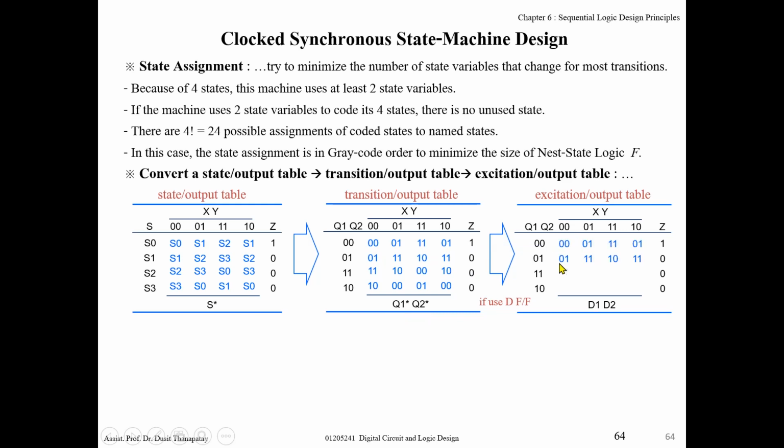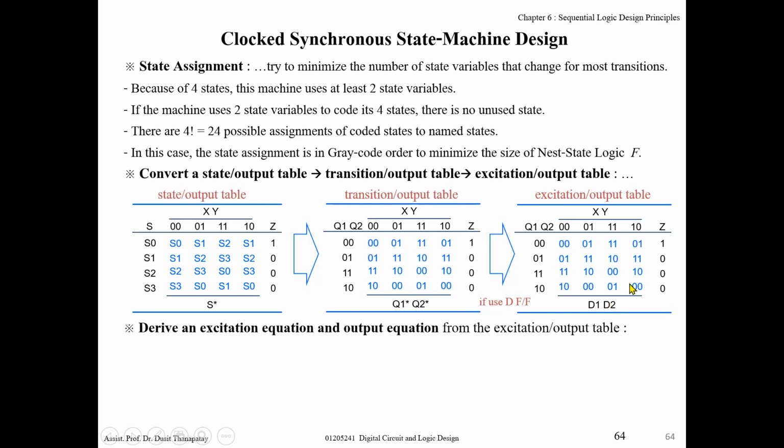So now you know the information of the excitation signal. From this, you can use a Kmap to design circuit F by determining the excitation equation using a Kmap for D1 and D2.